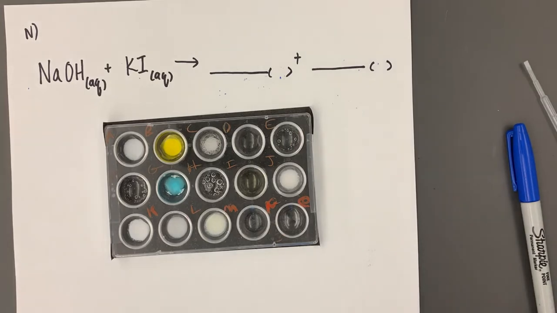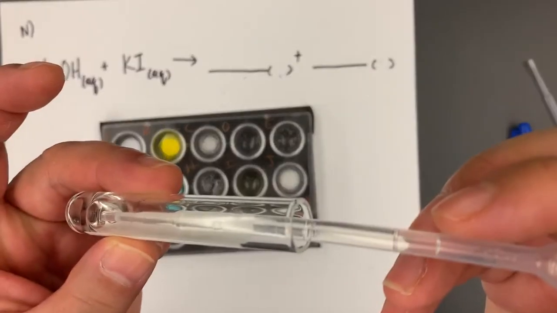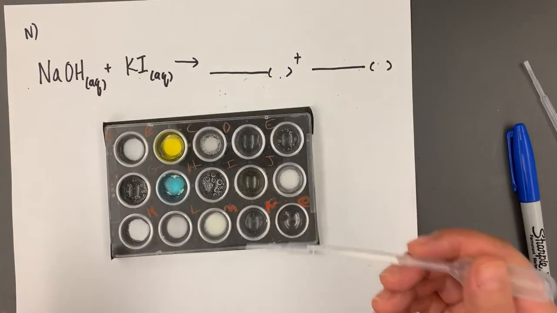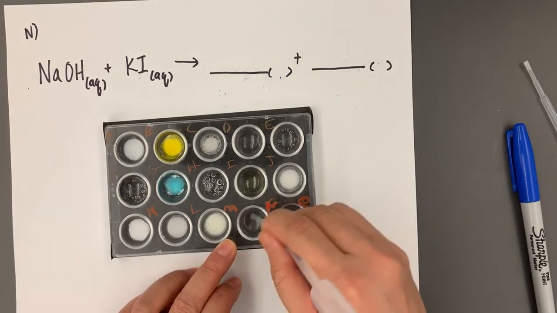Potassium iodide, here we go. And again, those two are clear colorless solutions. Potassium iodide is clear and colorless. The sodium hydroxide was clear and colorless. So I'm going to add a couple of drops of that. I'm going to give it a clean pipette. And I'm going to stir this around.